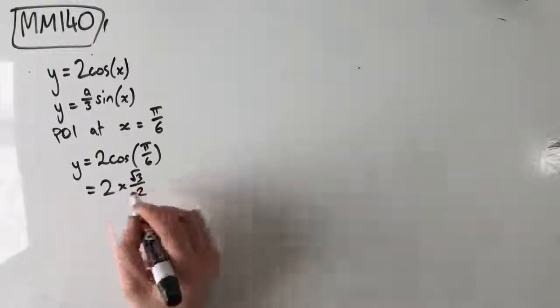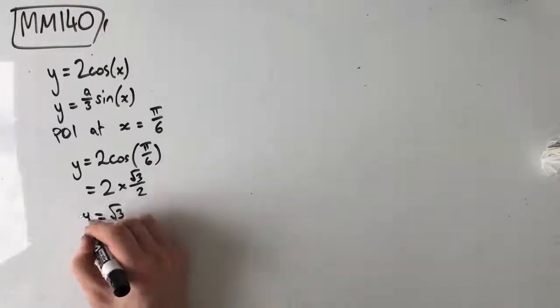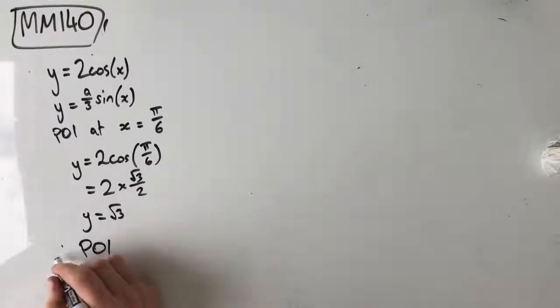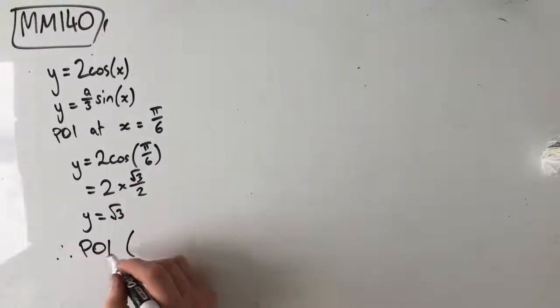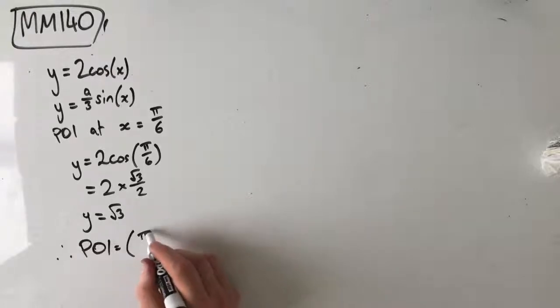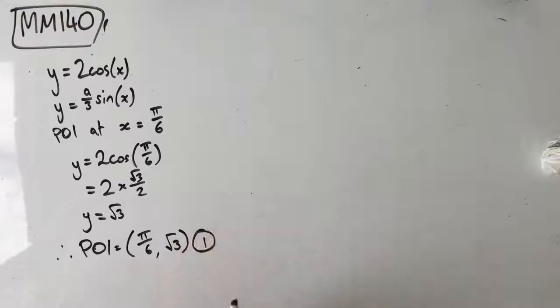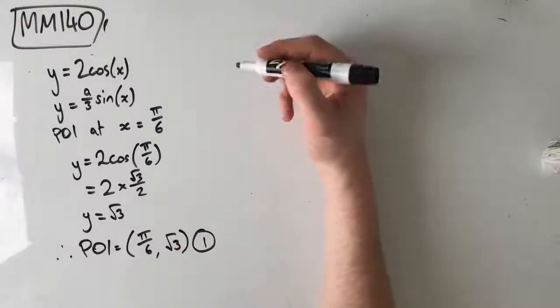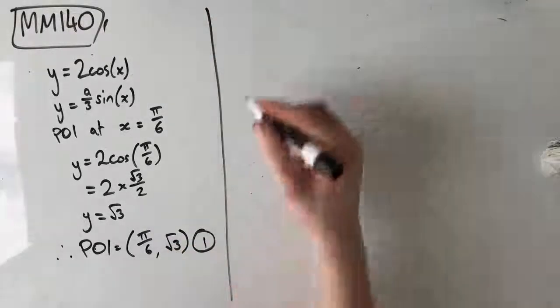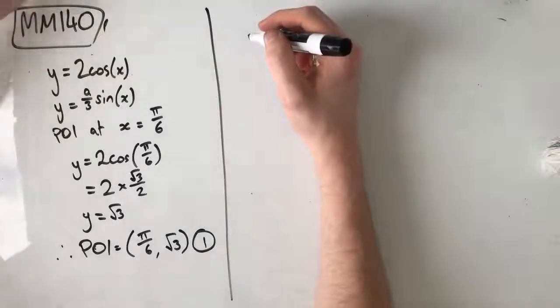So we get 2 times root 3 on 2, which is equal to root 3. So therefore, our first point of intersection is pi on 6, root 3. So this is your first mark here, guys. This is a 3-mark question, and this is your first mark because we already know the x value of that point.